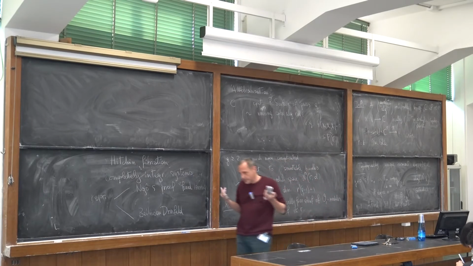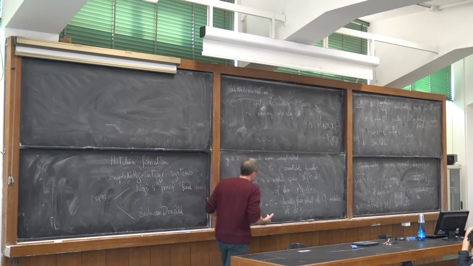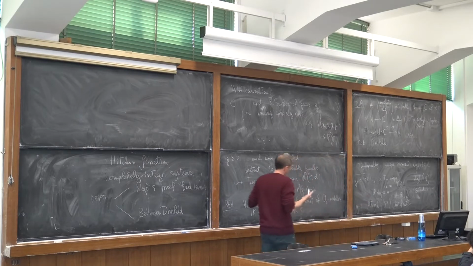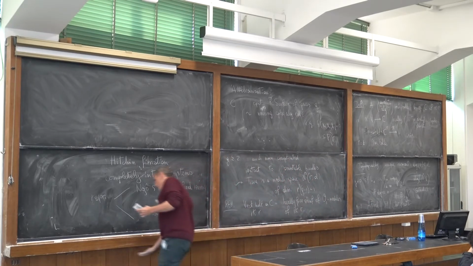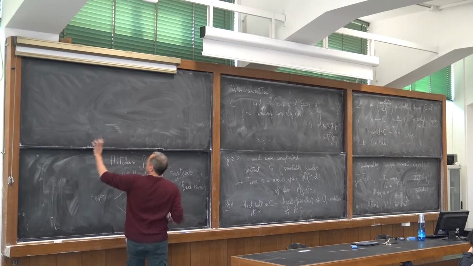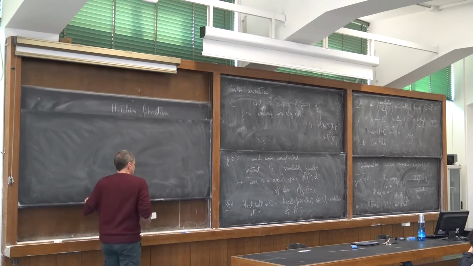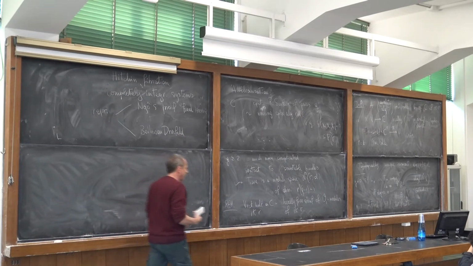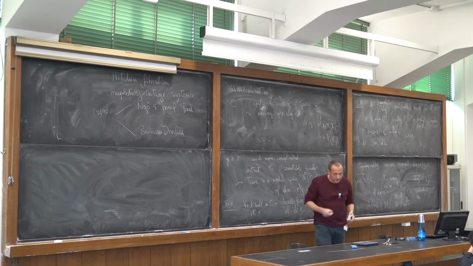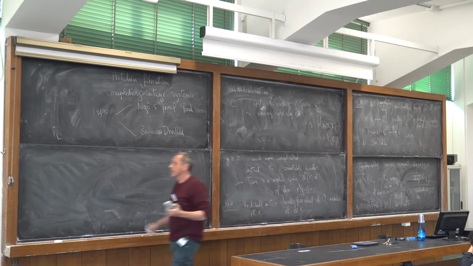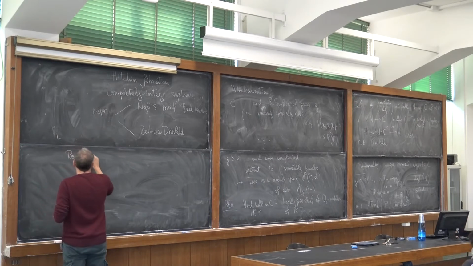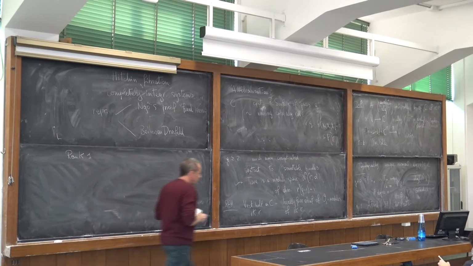Vector bundles are the same as torsors over GL_R, which is non-abelian, as you might have noticed, if R is bigger than 1. So the case of rank 1, the case of line bundles, must have something special, and this is in fact very classical. I will spend a few minutes recalling how things go.